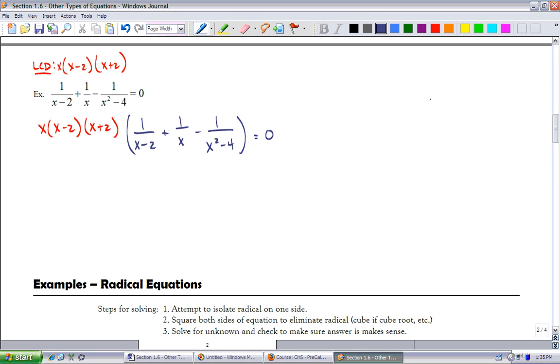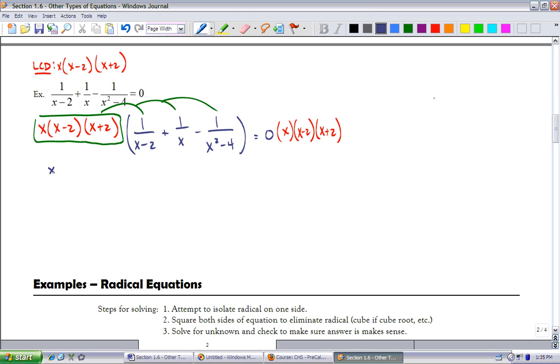That's kind of the nice thing about this, that you probably would not write out all these steps. Okay, x times x minus 2, x plus 2, because you realize that once you distribute this whole thing right here to each one of these, by the way, they're only multiplied to the numerator, you're going to see what you get.